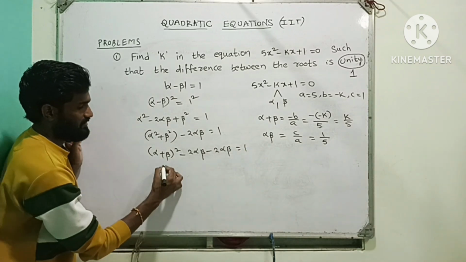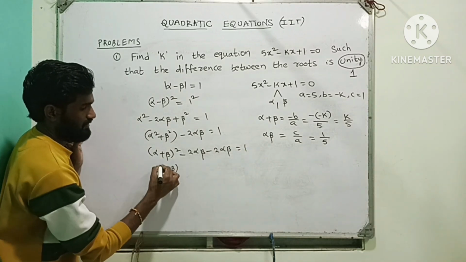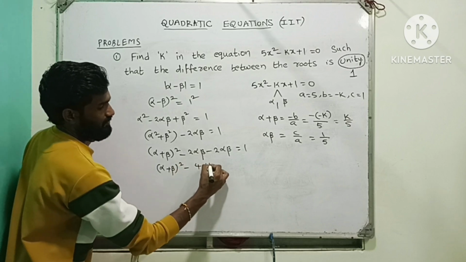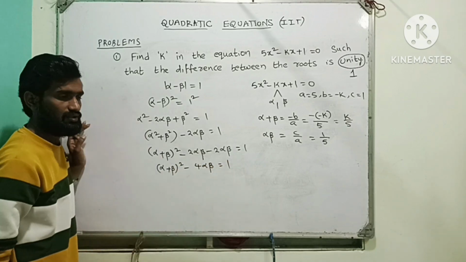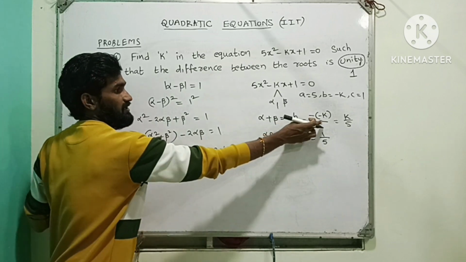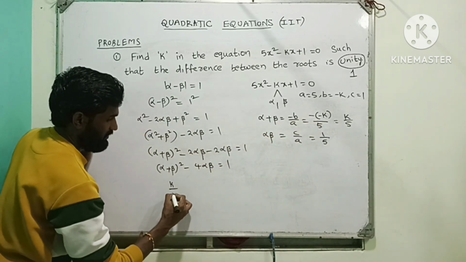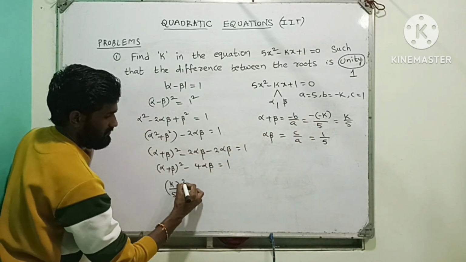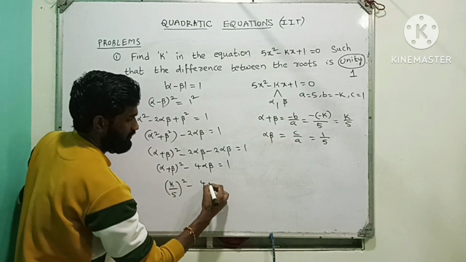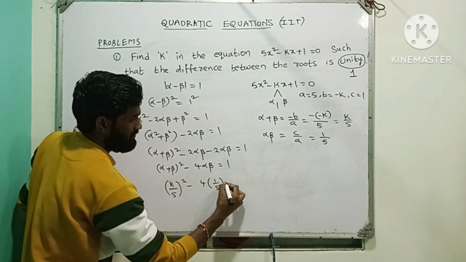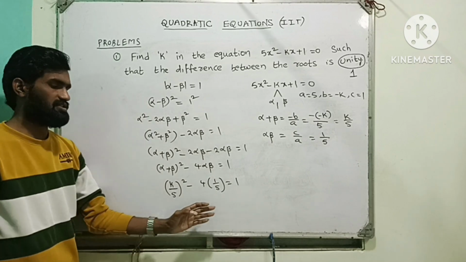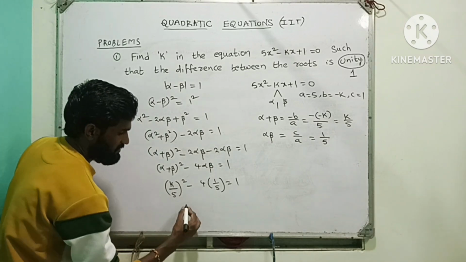Now alpha plus beta whole square minus 4 alpha beta is equal to 1. We already know alpha plus beta is k by 5, whole square, minus 4 times alpha beta, which is 1 by 5, equal to 1. From this we can easily solve. The LCM is 25.